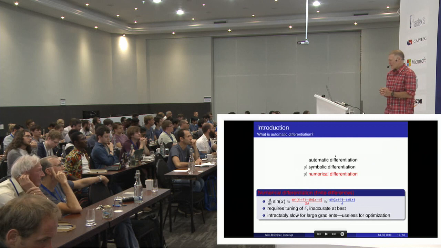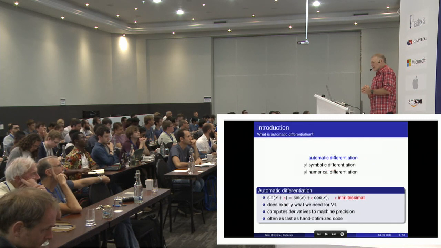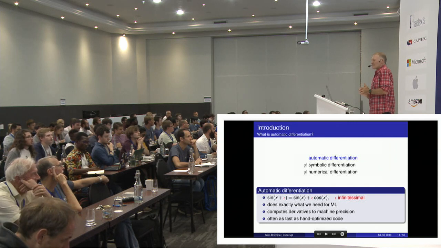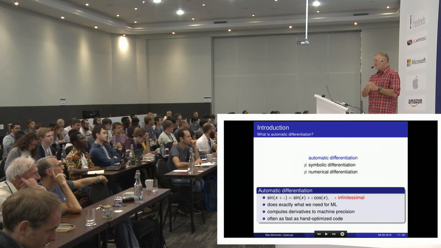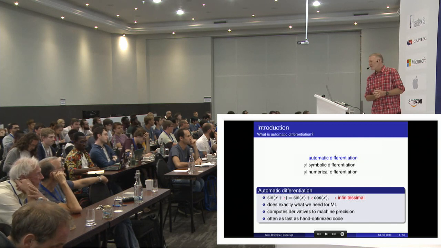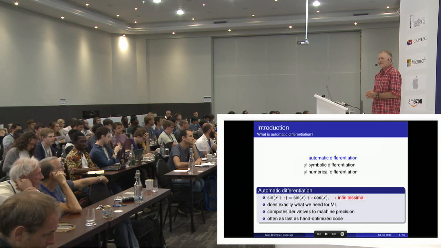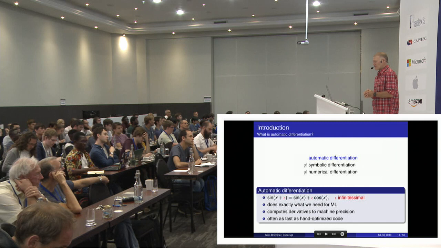So automatic differentiation might look like magic to the uninitiated. You send a special argument into your function. This epsilon here is not a real number. It's something special.